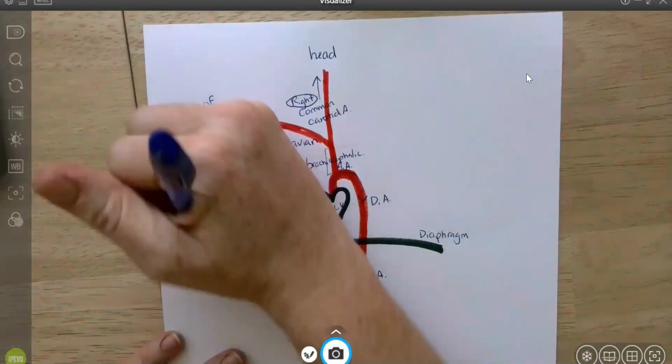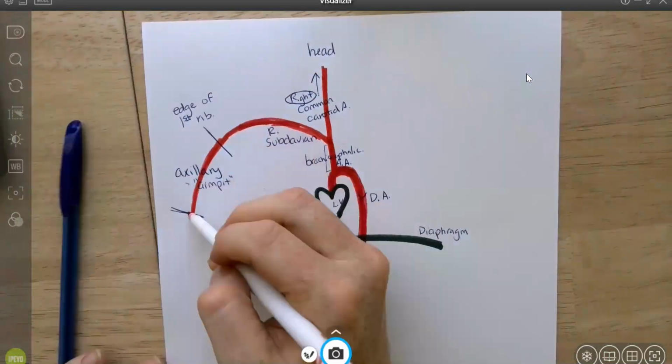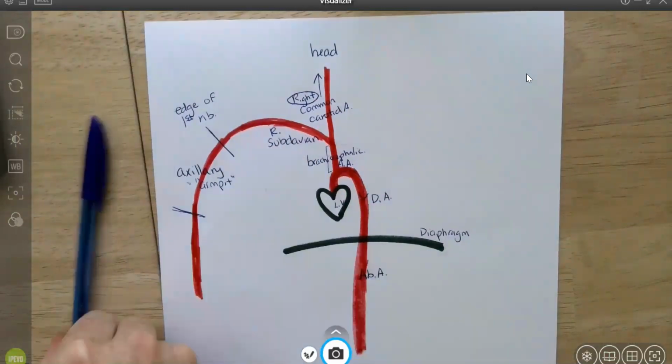And then it'll change its name again, and the axillary artery is going to continue into the arm and become the brachial artery.